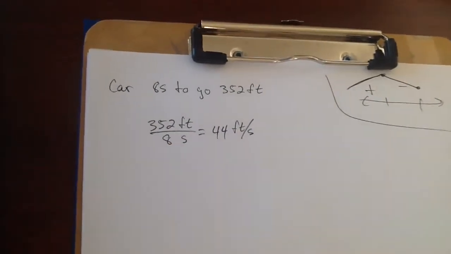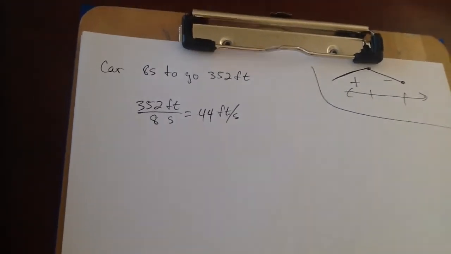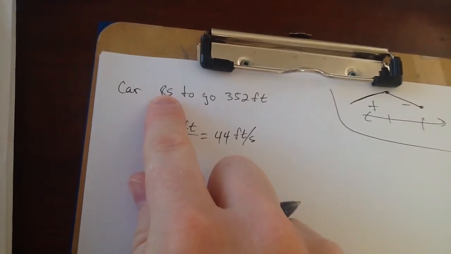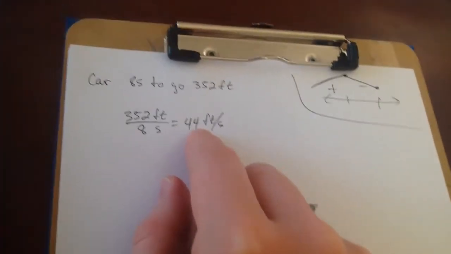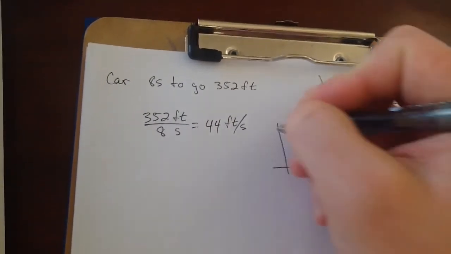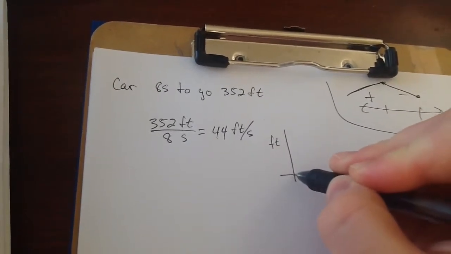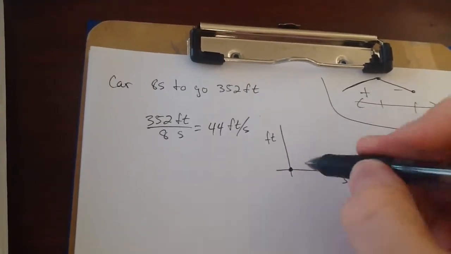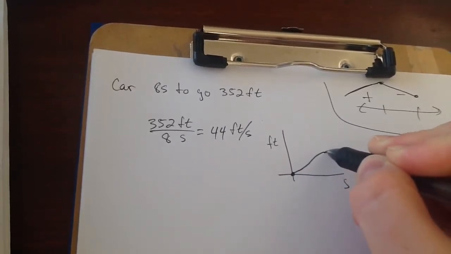Well, that's average velocity. Mean value theorem then would tell us that at some point during those 8 seconds, the car must have traveled exactly 44 feet per second. The reason that works is, think about it graphically. If this was time, this was feet, the car takes off, hadn't moved, starts driving, something happens.